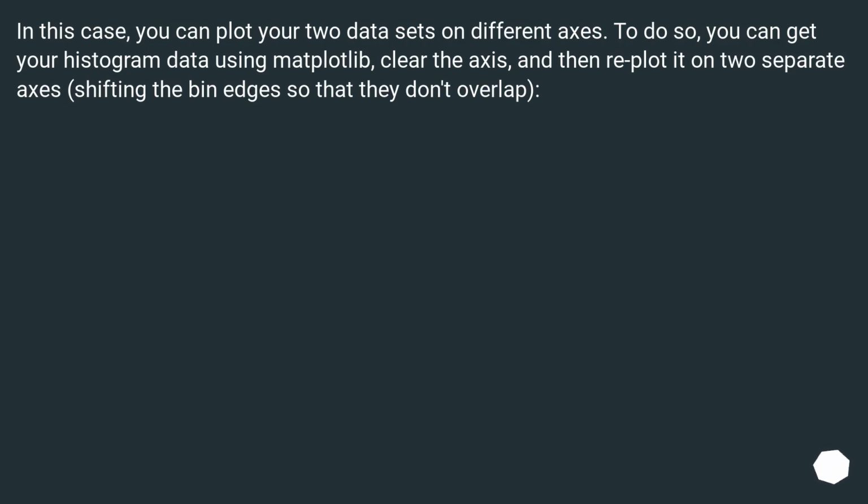To do so, you can get your histogram data using matplotlib, clear the axis, and then replot it on two separate axes, shifting the bin edges so that they don't overlap.